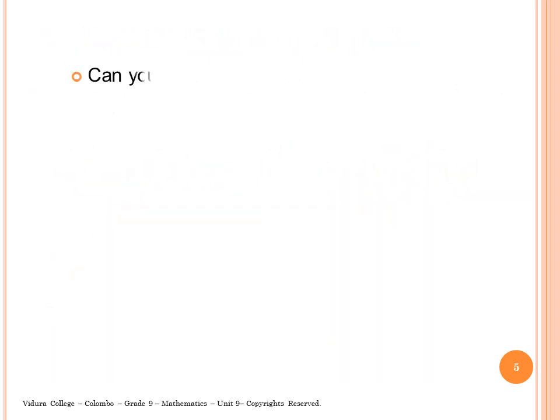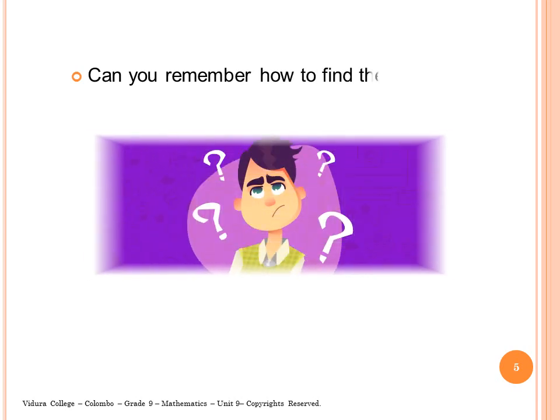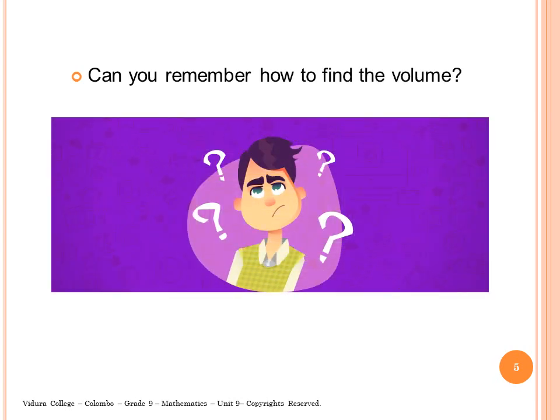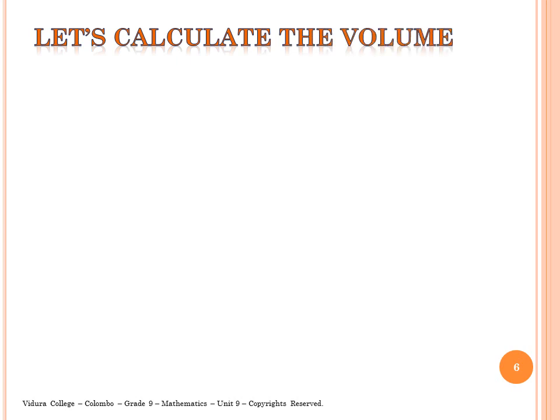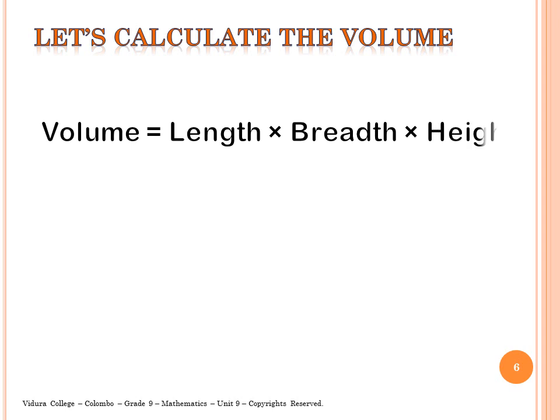Can you remember how to find the volume? Let's see the mathematical way of finding the volume. There are two formulae to calculate the volume of a container. The first one is volume equals length into breadth into height.